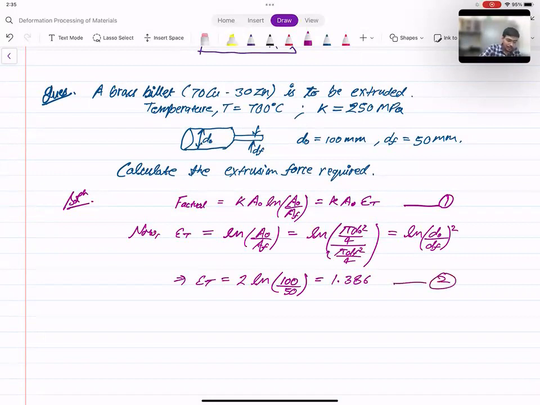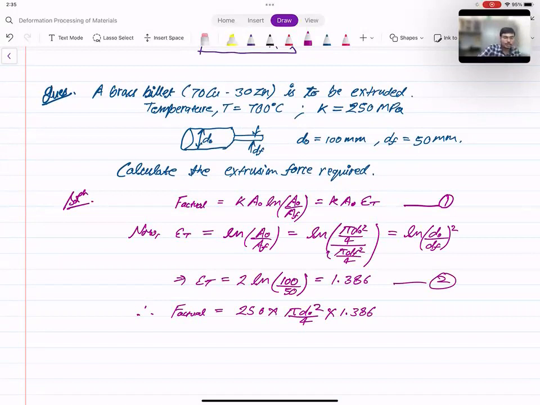Now, if we substitute the values of K, A naught and true strain into equation 1, we will get the value of force. Therefore, F actual will be nothing but K is 250, A naught will be pi d naught square by 4, and this value we have calculated as 1.386.